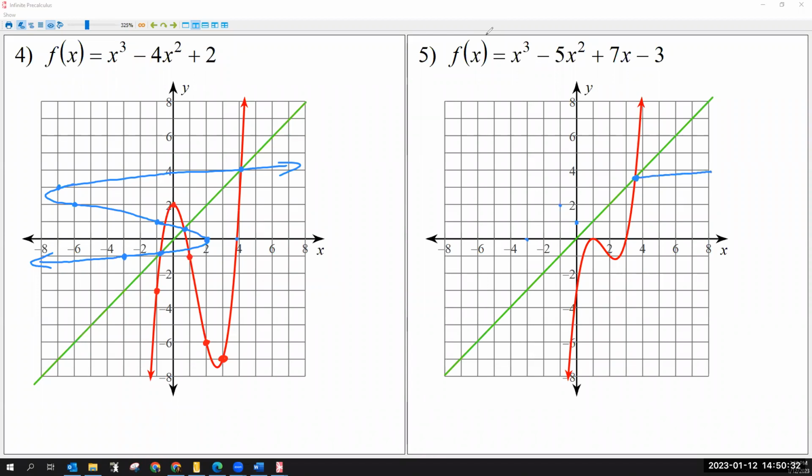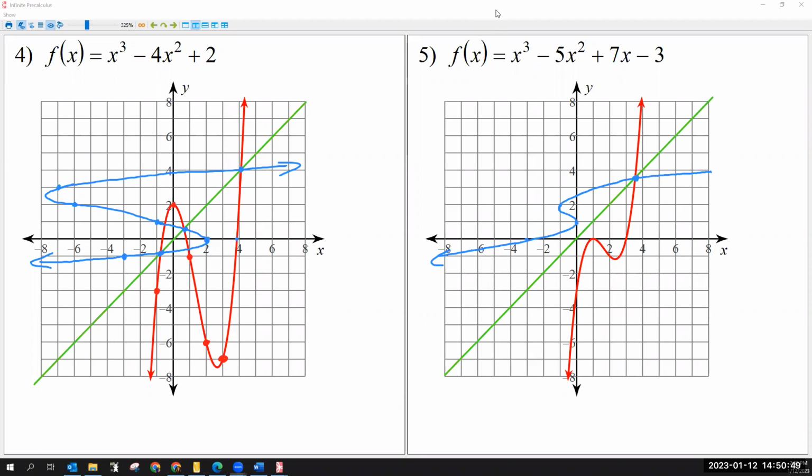Come in this way. Probably didn't do that one quite as well, but fairly close, right? There we go. Symmetrical about the green line.